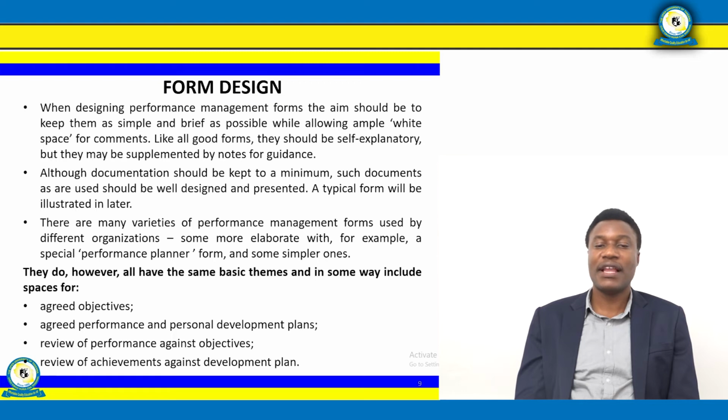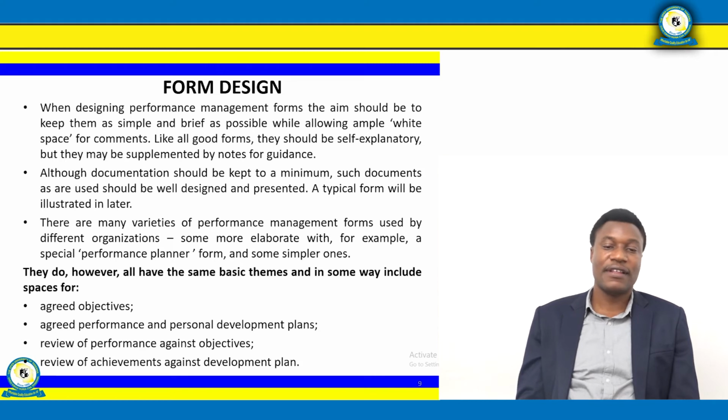There are many varieties of performance management forms used by different organizations. Some are more elaborate with, for example, a special performance planner form, and some are simpler. They do, however, all have the same basic themes and in some way include spaces.